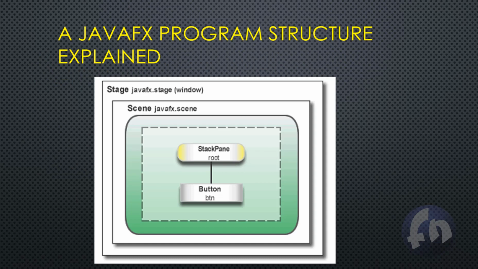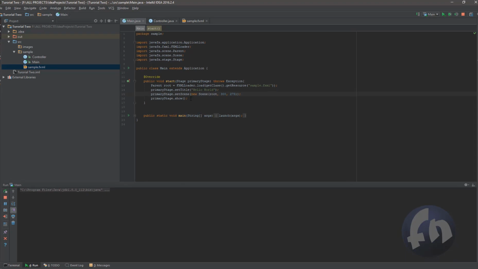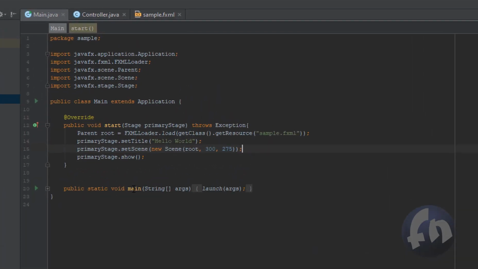Before I come to the basic window structure, let me explain the main method once more. This is where the program starts, and if we have any error here, then that program cannot run. It's just going to crash, right? And you can see this is how you are setting the main primary stage.